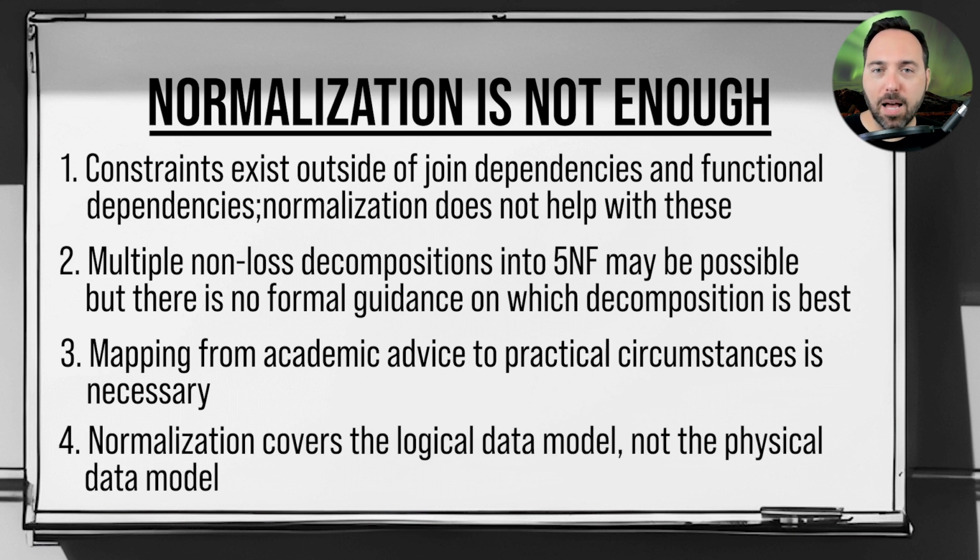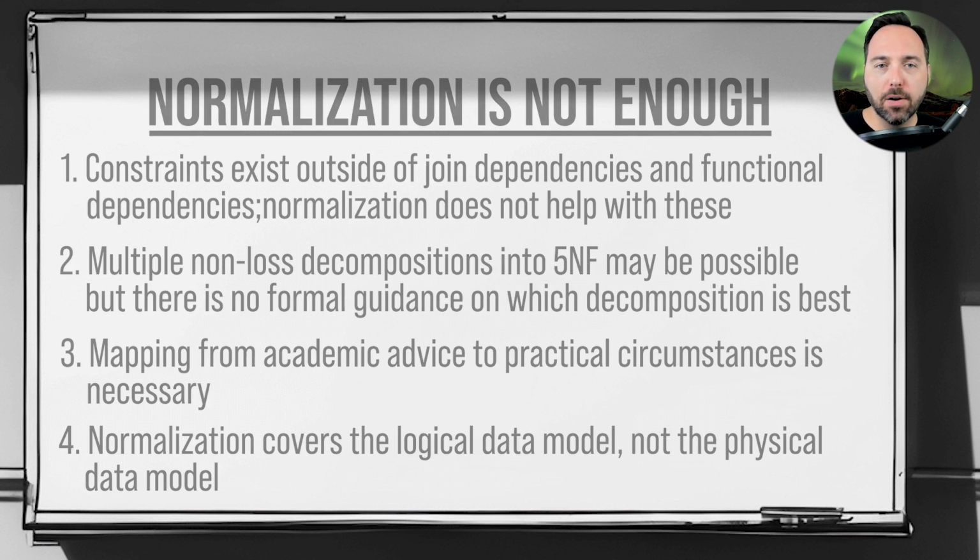Finally, keep in mind that normalization is explicitly about the logical model, not the physical model. Your physical model will absolutely differ from your logical model, as it can include additional constraints, indexes, stored procedures, functions, and even different table design than your logical model's relvars.